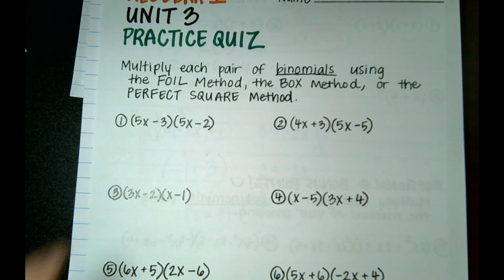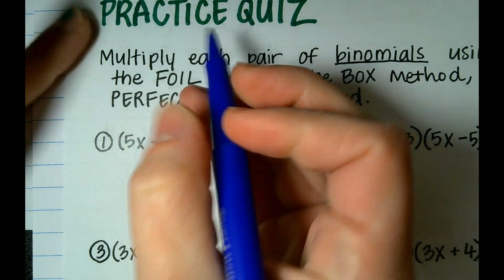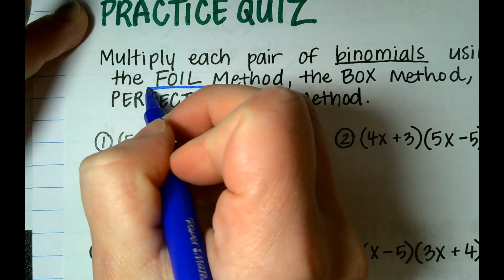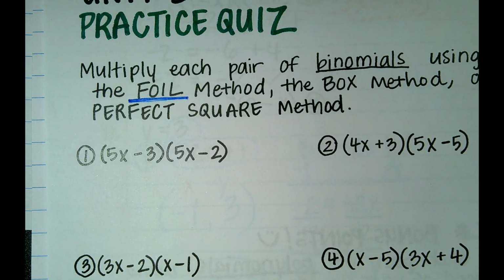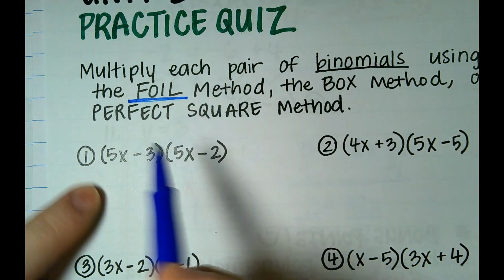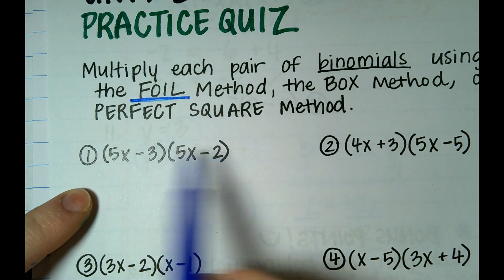So let's start with the very first one, number 1, and we're going to look at what the FOIL method is. If somebody could tell me, how do I use the FOIL method to multiply these binomials?